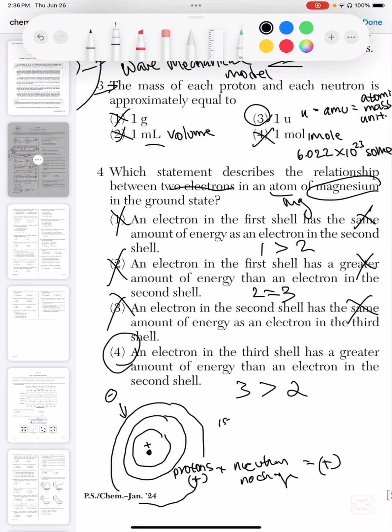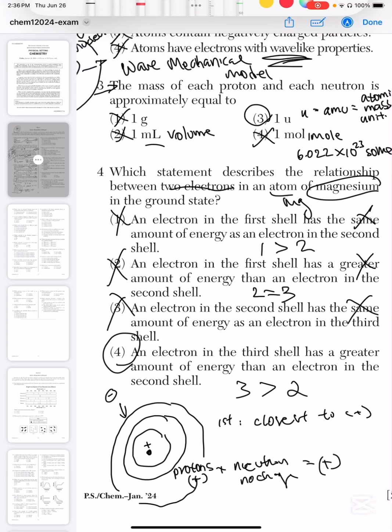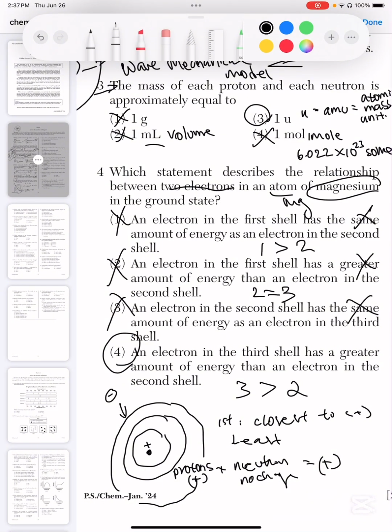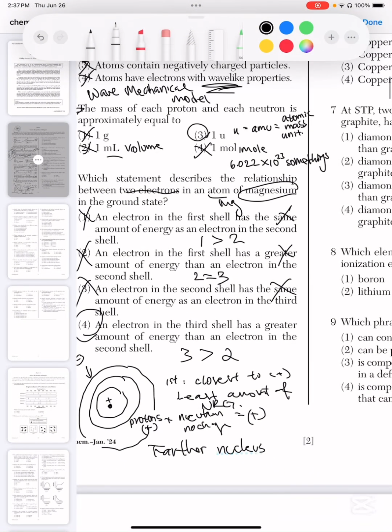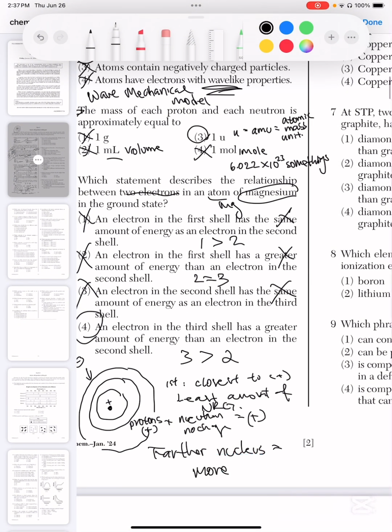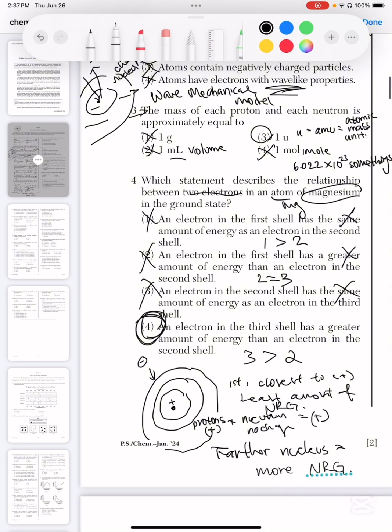So the first shell, the electrons are closest to the positively charged nucleus, which means that they have the least amount of energy. So farther away from the nucleus means more energy. So this number 4 is the only one that is correct.